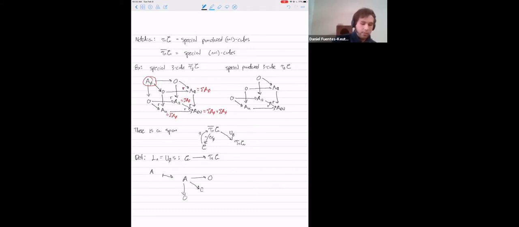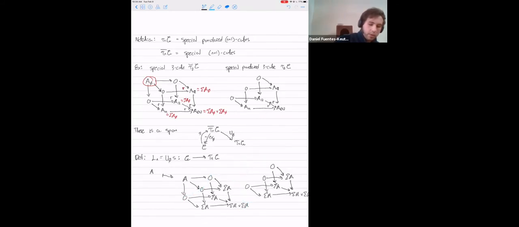Let me just draw really quickly. You can think of these as the suspensions. So here we get a wedge of suspensions, and then it forgets the initial vertex, so from A to this thing on the right.